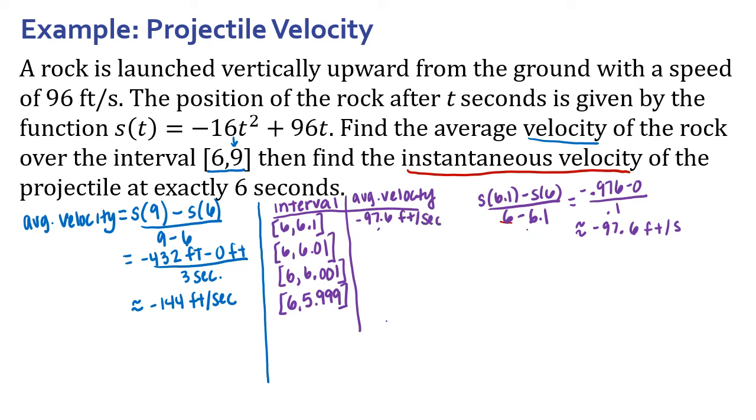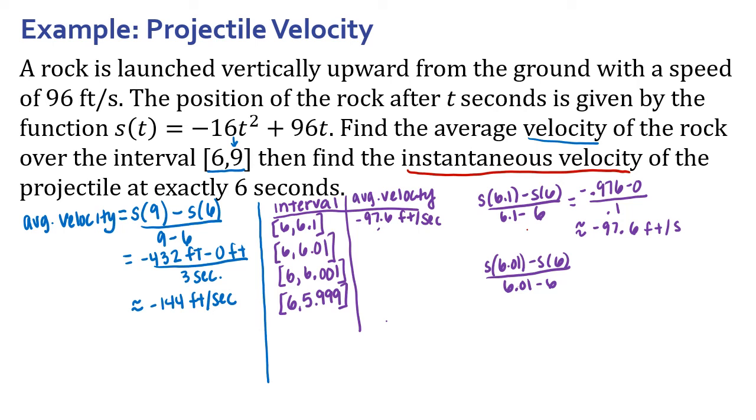Okay, now let's look at what happens between 6 and 6.01. So s of 6.01 minus s of 6 all over 6.01 minus 6. I'm sorry, this up here should have been 6.1 minus 6. I flip-flopped those around. So again, it's always the change in y over the change in x.